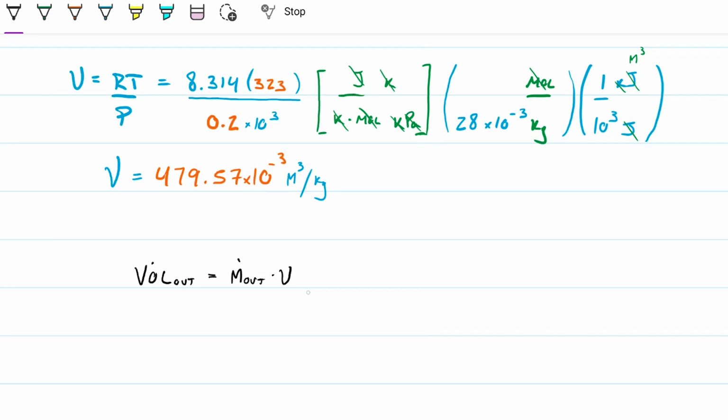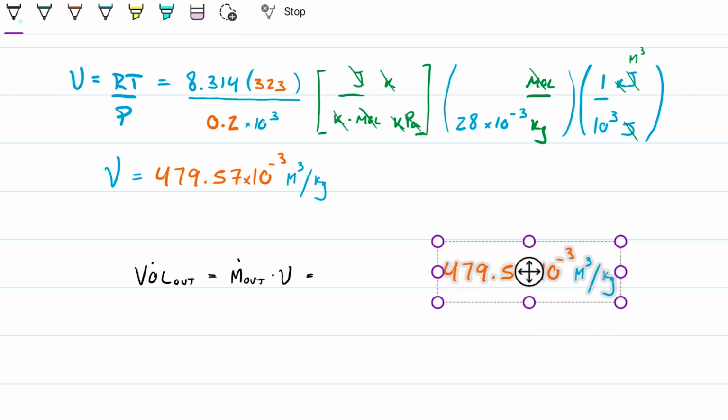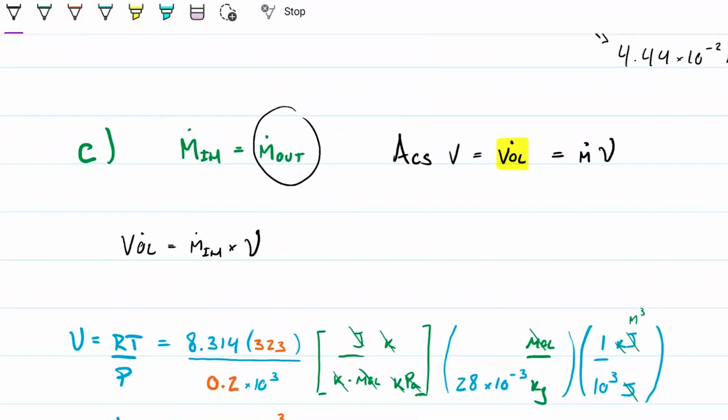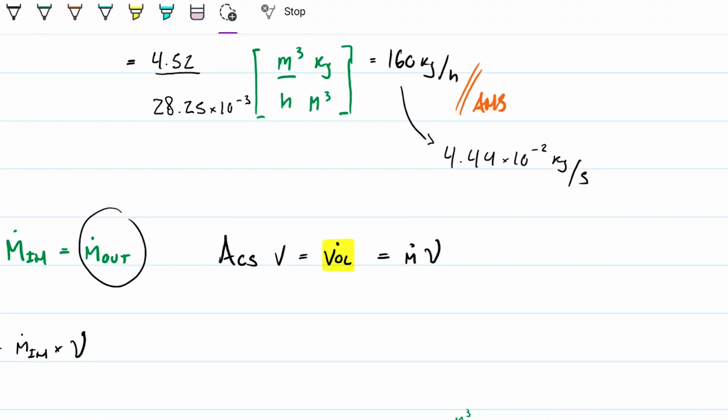Either way works. In this case, do we want to have it per hour, or do we want to have it per second? Paste this here, and then for the mass flow rate, I'm going to go ahead and use this number here.